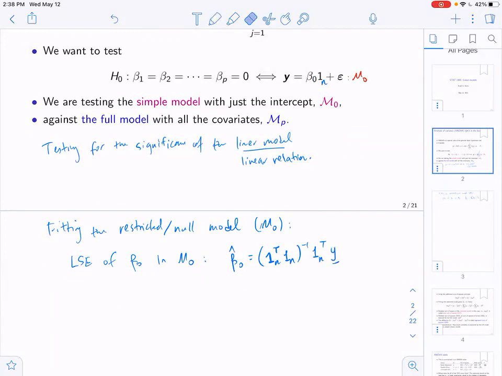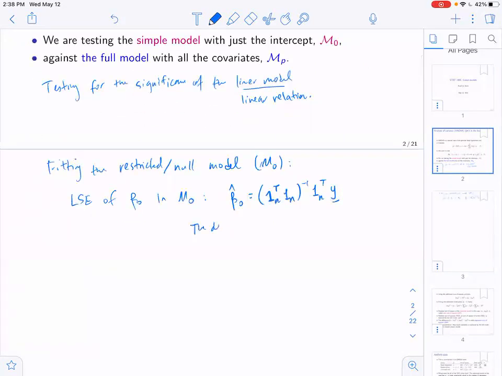So does this simplify? The design matrix X is just equal to 1n. Can we simplify further? What is the dimension of 1 transpose 1n, or what is 1n transpose 1n?